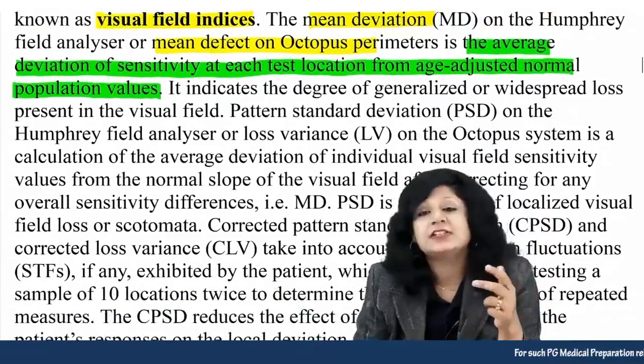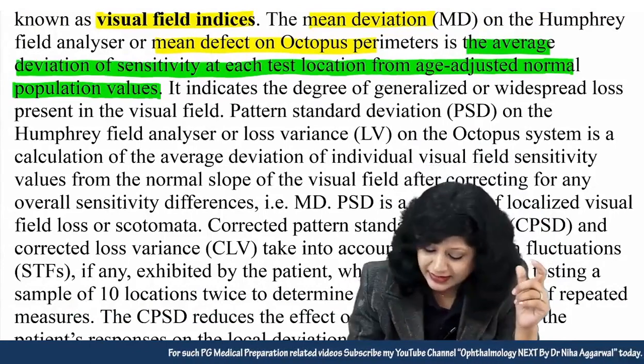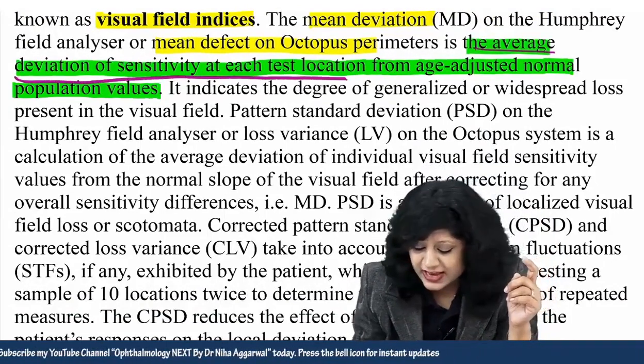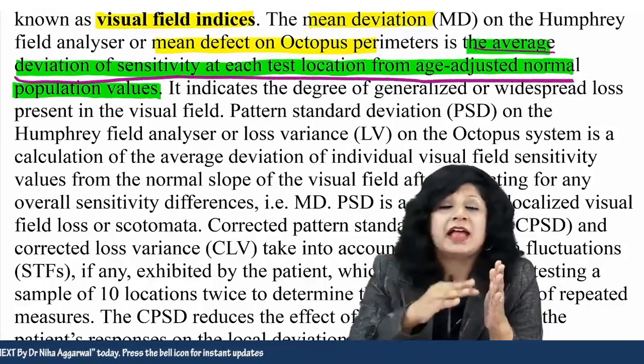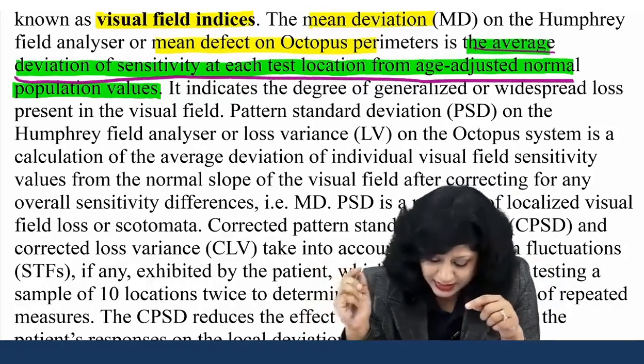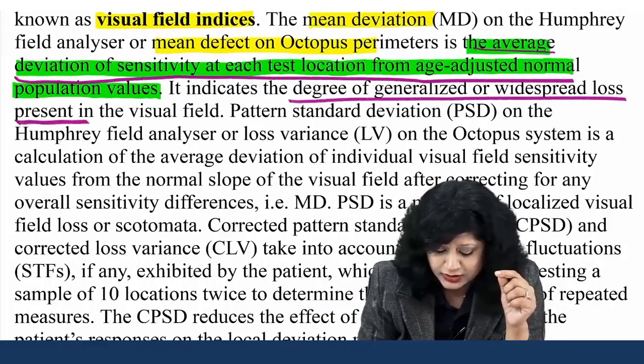So we have already seen what information I am getting: the average deviation of the sensitivity at each tested location as compared to normal controls of the corresponding age. It indicates a degree of generalized or widespread loss of the visual field.